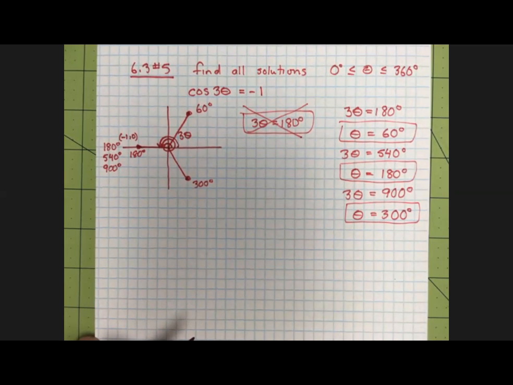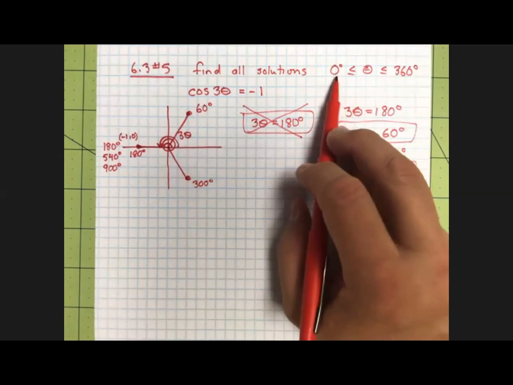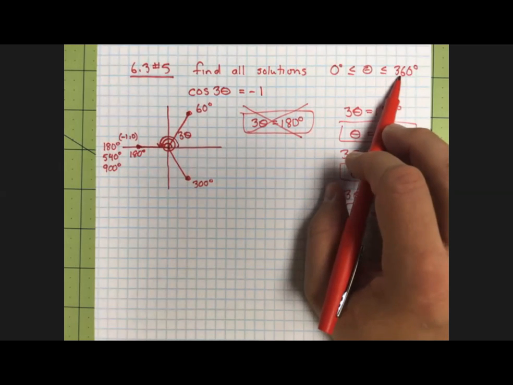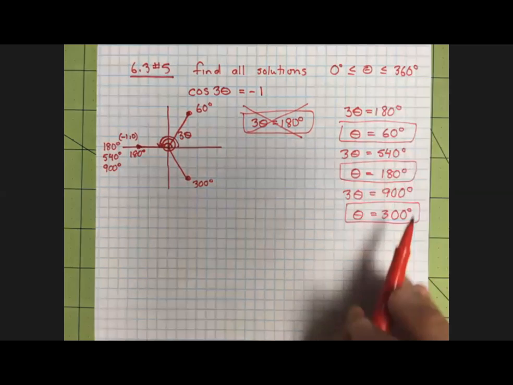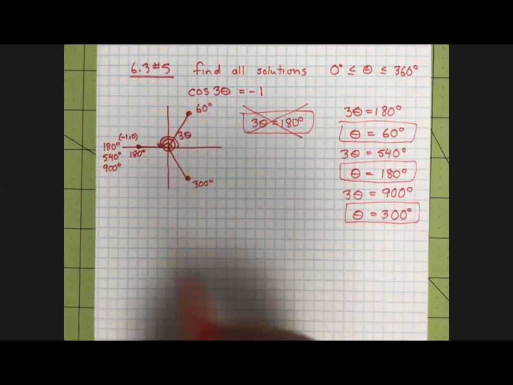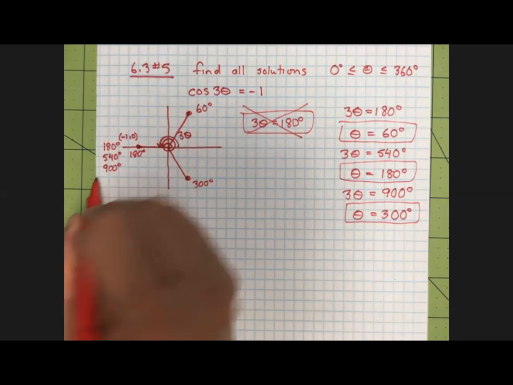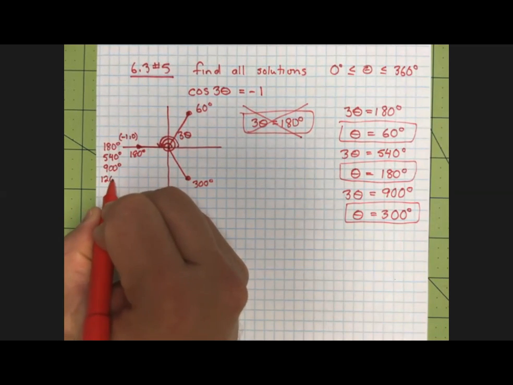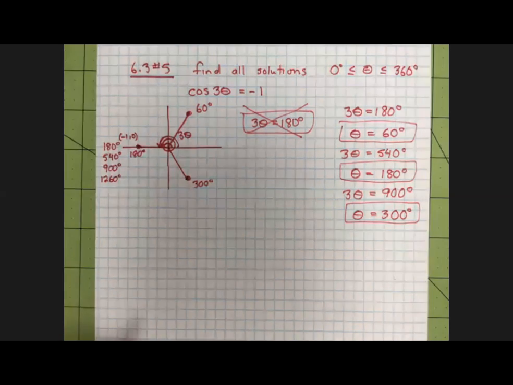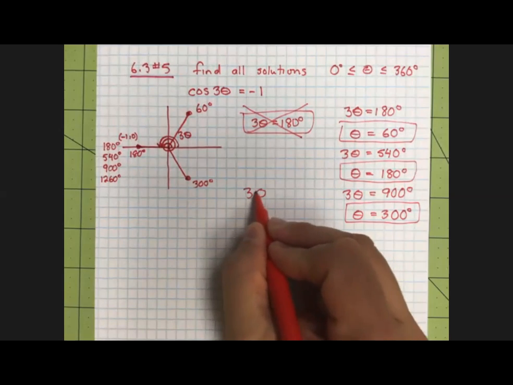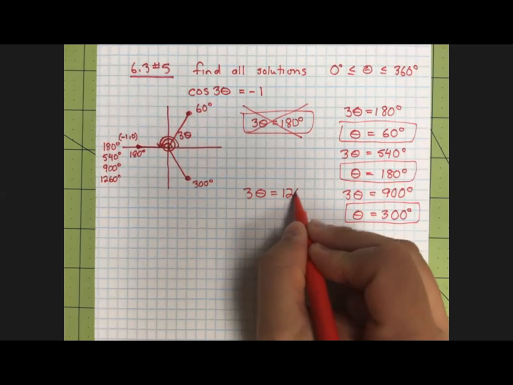So I'm not using an identity here, but I'm saying I have to find all the answers for theta between 0 and 360. You say, well, maybe there's another one. Maybe I should look for another one. Okay, add 360 again. That gives me 1260. Could 3 theta be equal to 1260 degrees?